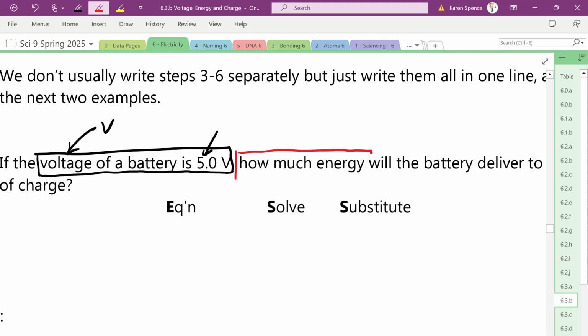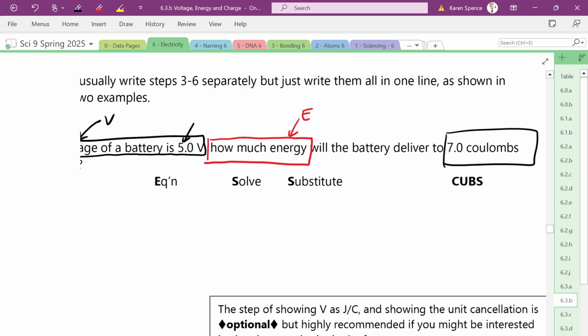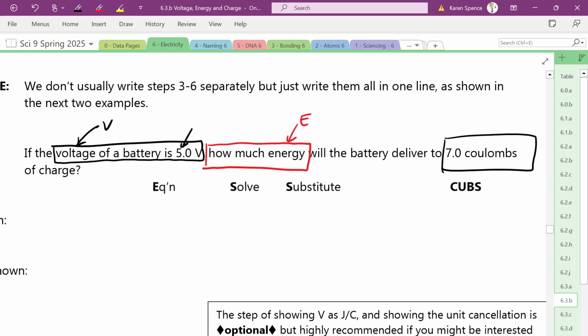How much energy? So we don't know our energy. Will the battery deliver to 7.0 coulombs of charge? So coulombs is charge, which is Q.